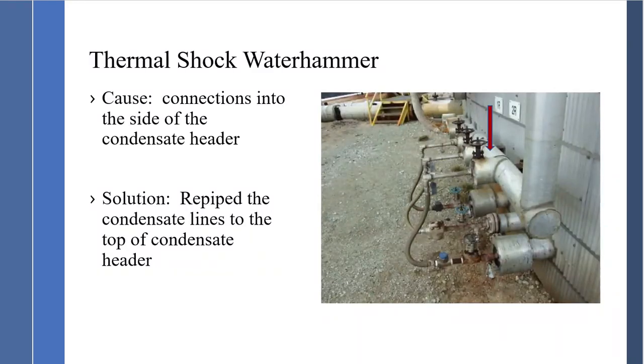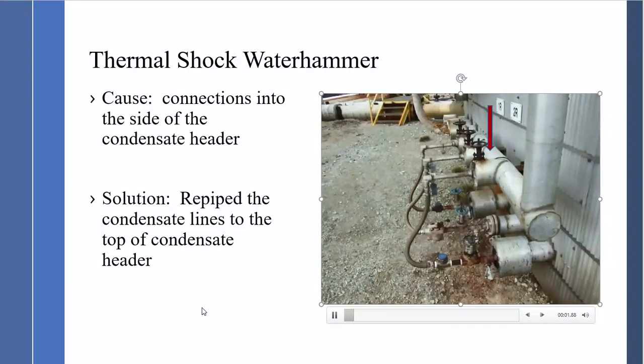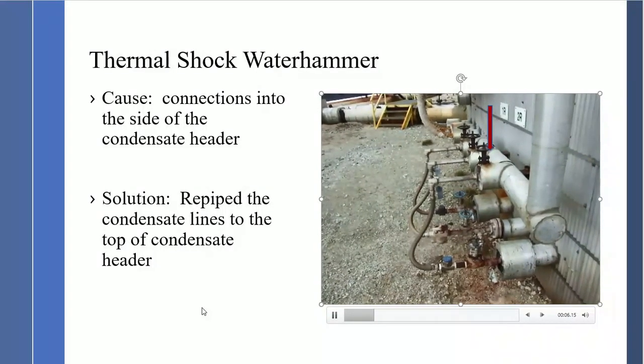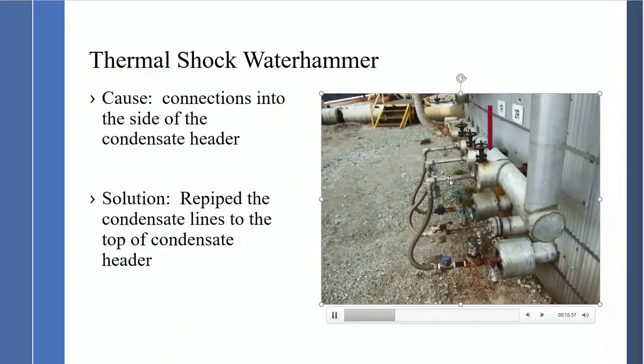Now, as shown here on the right hand side, this is causing Waterhammer. As you can hear, the ping and the movement in the pipe, because it's connected into the side of the header right here.